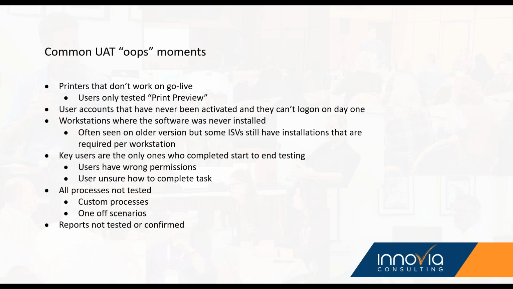Key users who are the only ones that did testing start to end. Same thing like I said before, users go in, they either don't know how to do the task, or the worst thing is their permissions are incorrect. The biggest mistake that often is found with user acceptance testing is people fall into the, I'll just make them a super user and let them test.